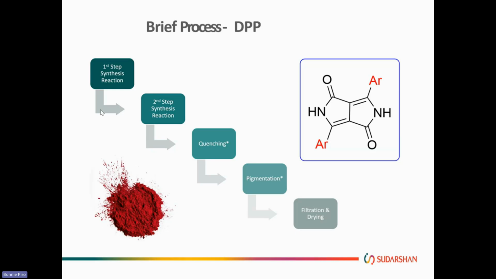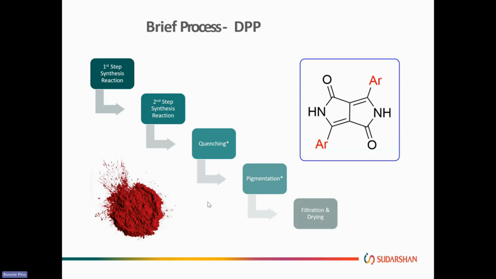Two very key synthesis steps with respect to this chemistry. As I mentioned, it's very complex in the synthesis. Typically, you only see one step in these reactions, but this one does have two.